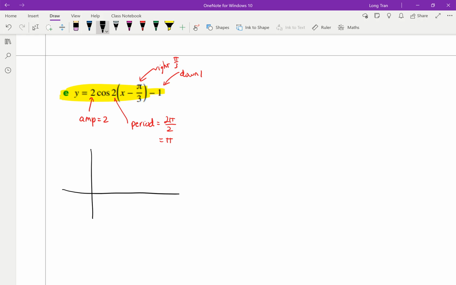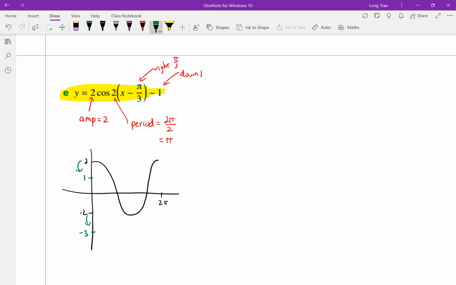Then in my mind, I think about the graph. A cos graph normally looks like this, with a period of 2 pi normally. The amplitude now tells me the maximum is 2 and the minimum is negative 2. But because it's gone down by 1, the maximum becomes 1, and the minimum has gone down by 1 as well, which now gives me negative 3.